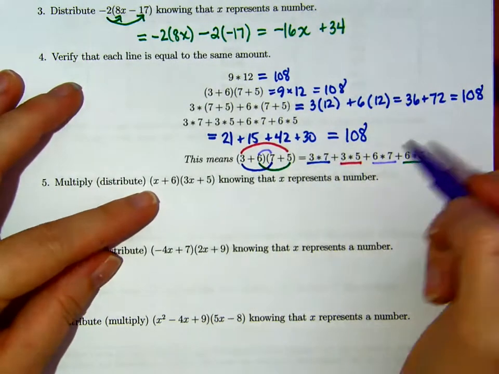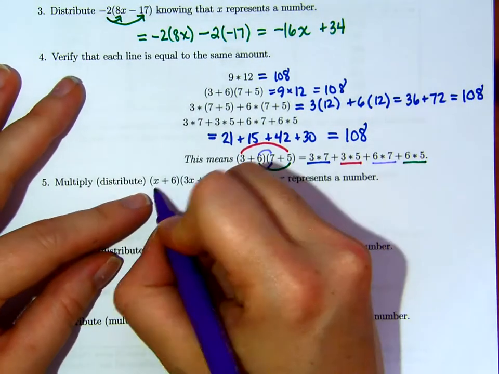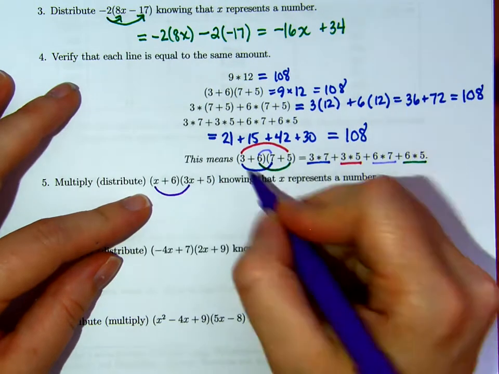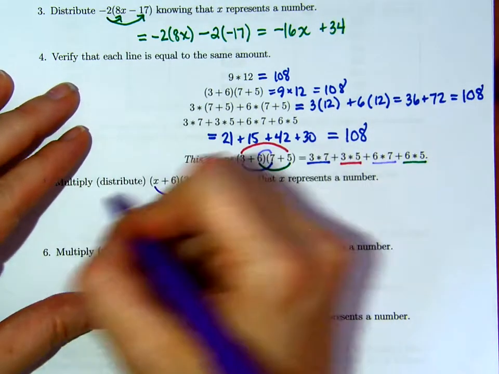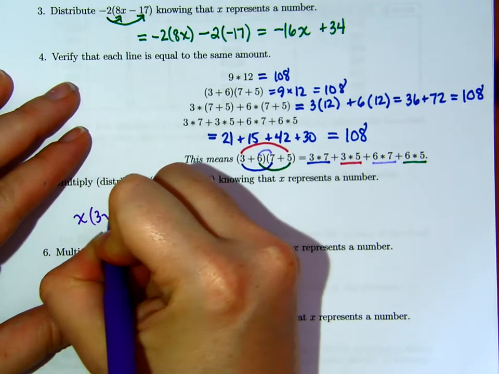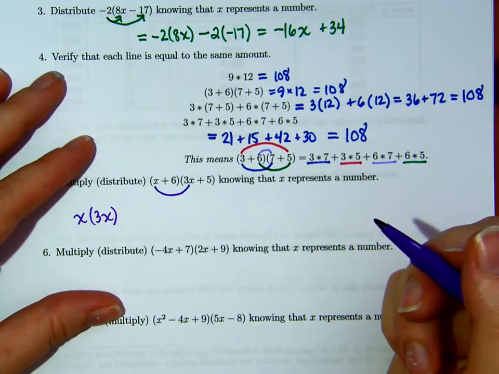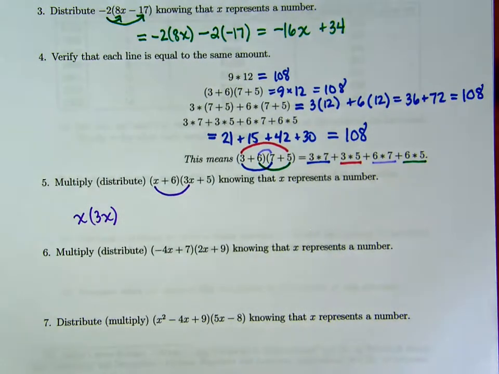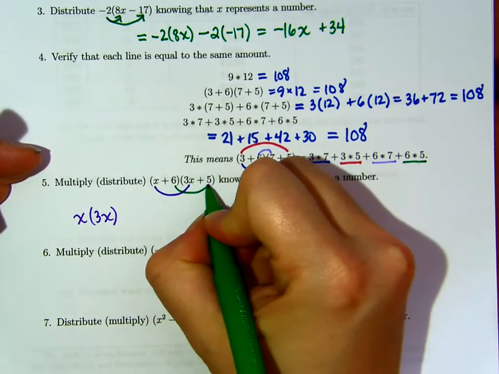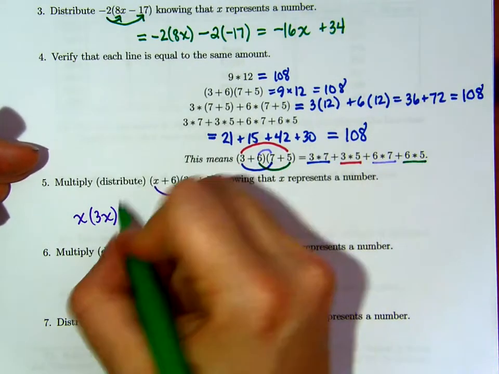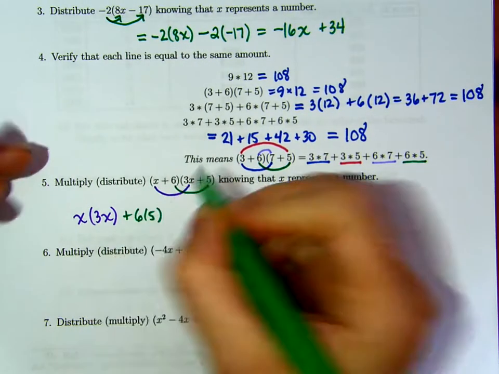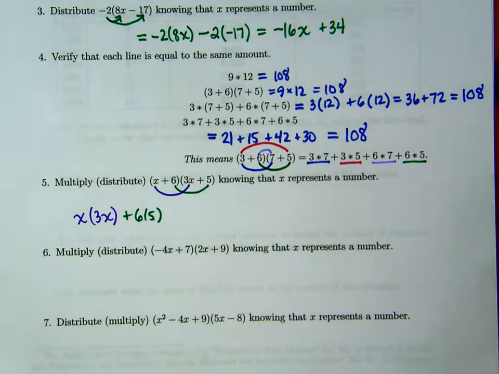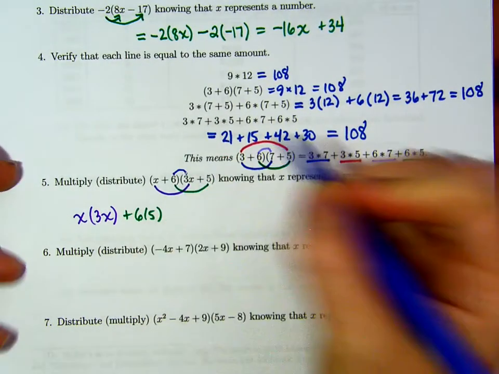So just to keep tabs on this, just like this one, we have x by 3x. We have a 6 by 5. Okay. For this one, I'm going to use blue.